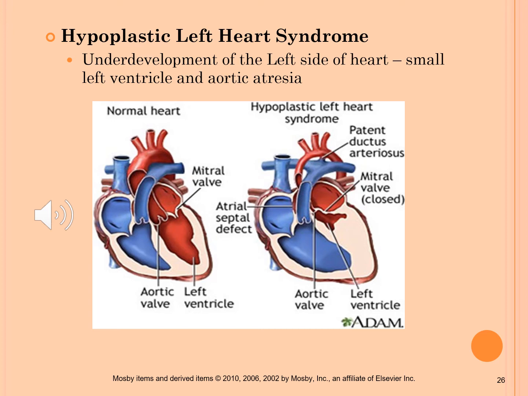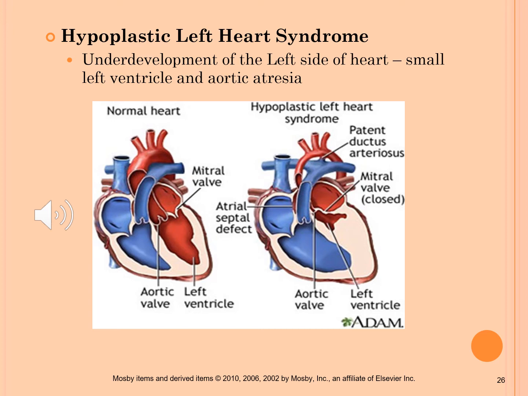So on this slide in the picture, again, is a comparison of a normal heart versus what hypoplastic left heart syndrome looks like. That left side is completely underdeveloped. When the left side of the heart is underdeveloped, it leaves that left ventricle essentially non-functional. It lacks the adequate strength to pump blood into systemic circulation.